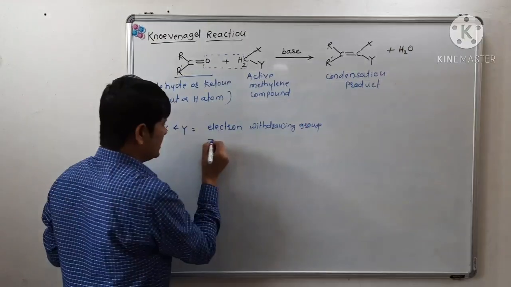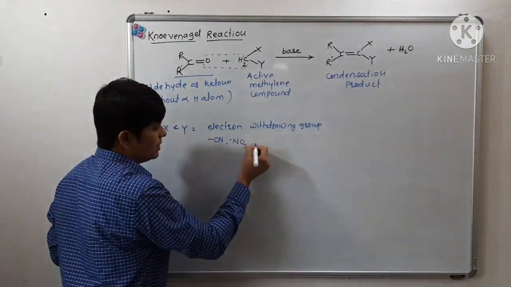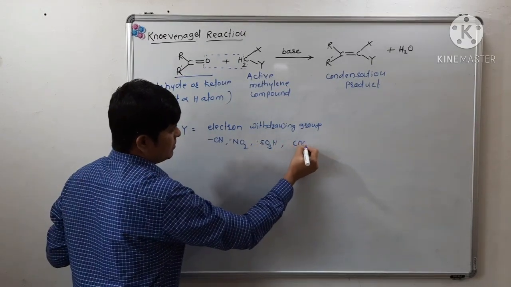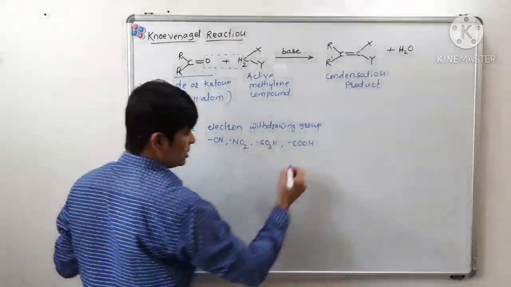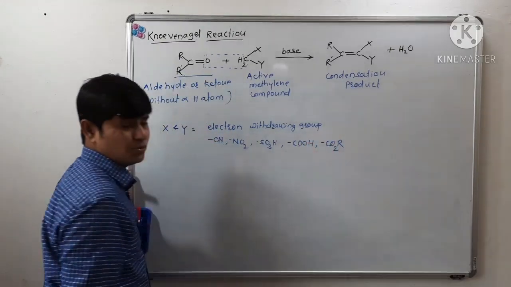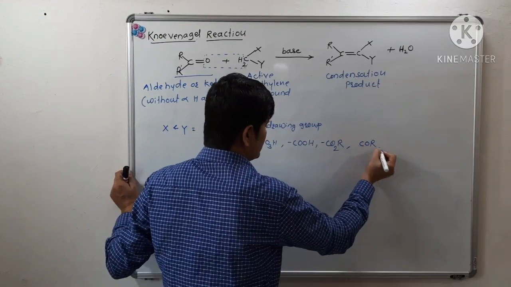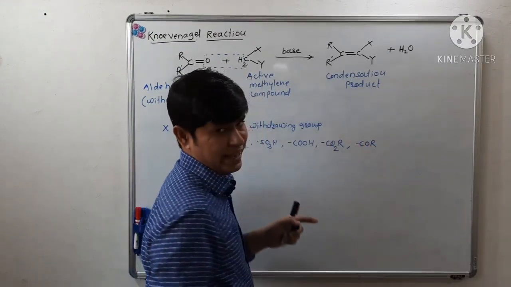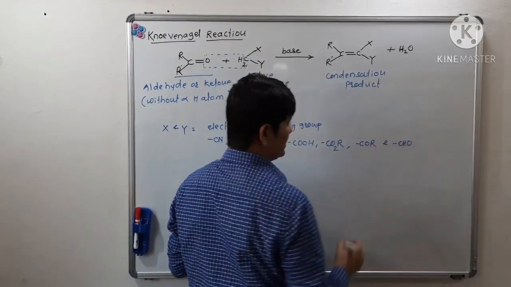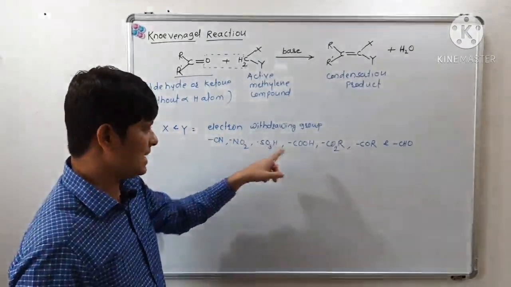It may be cyanide, it may be nitro group, it may be SO3H, it may be CHO, it may be CO2R, that is ester, CO2Et, CO2Me. It may be COR, that is ketonic group. X and Y may be aldehyde.